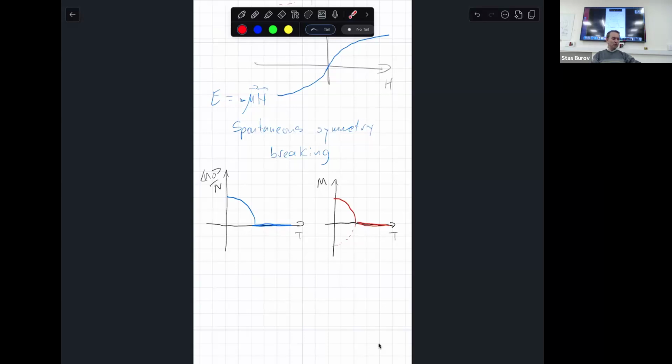The first attempt to understand what's going on here started in the 1920s. The first person who tried to deal with this theoretically was William Lenz.